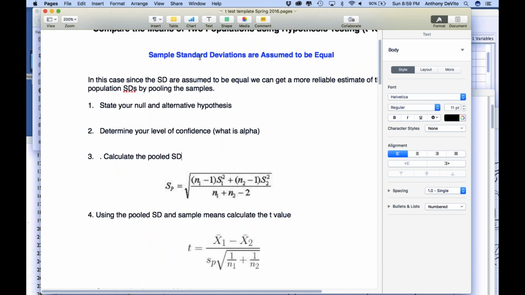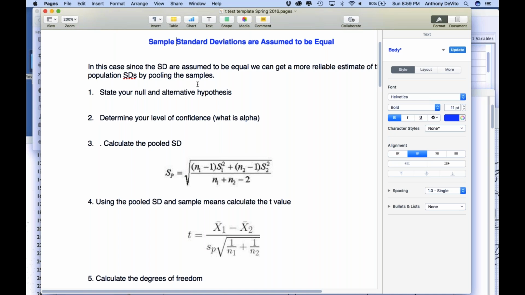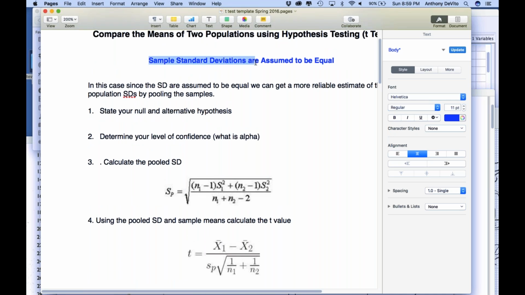For our purposes, when we're calculating manually, and I'm hoping you won't be doing too much of this, maybe a little teeny tiny bit, whether or not the standard deviation of one sample is twice the other is how we decide whether we're going to assume them to be equal or not. That's kind of a loose rule.